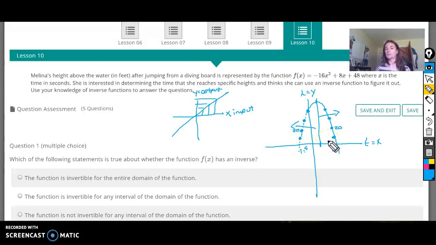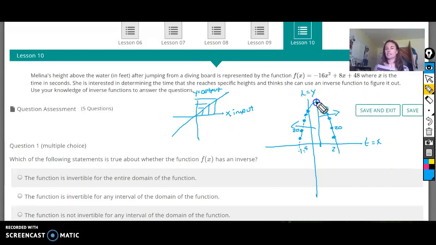But I can't use both sides and be able to use an inverse function to figure out the time it takes me to get to that height. Because what'll happen is I'll say, okay, well, where do I end up at, let's say 47 feet? Well, I'll end up at 47 feet at a negative time and at a positive time, I've got 2 different times that'll work for.